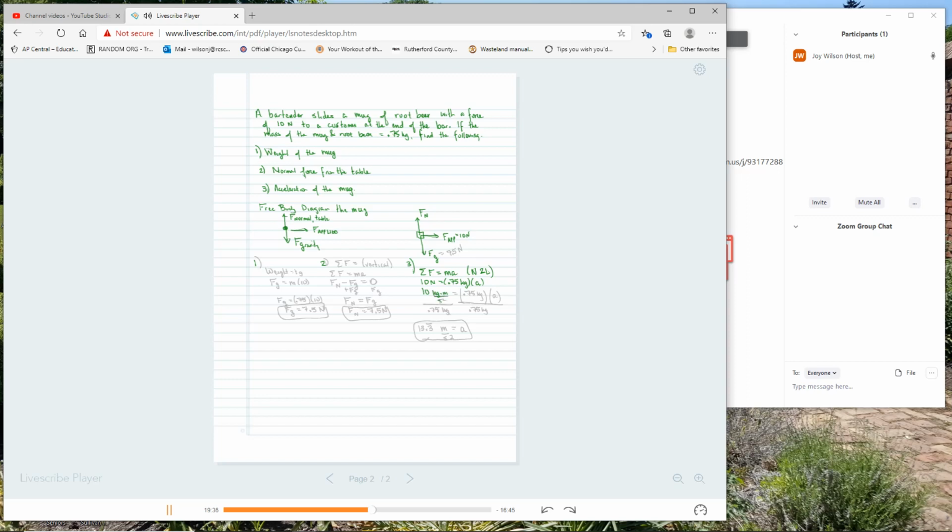So, to do this problem, I'm going to divide both sides by 0.75. And the kilograms will cancel out. And I will get acceleration in meters per second squared. So 40 divided by 3 would be 13.3, repeating. So my acceleration would be 13.3 meters per second squared.